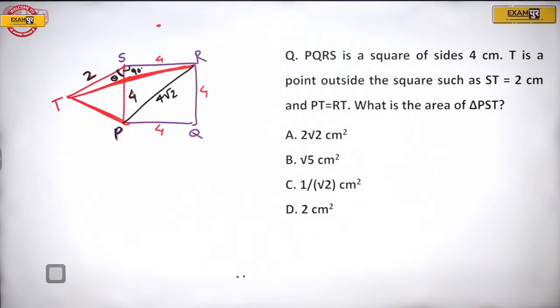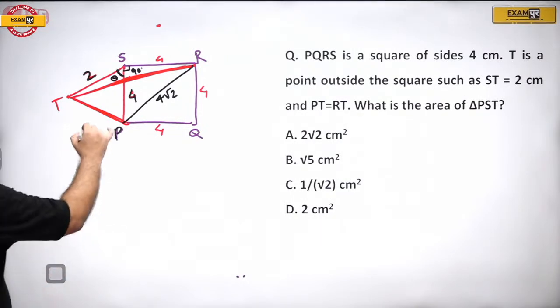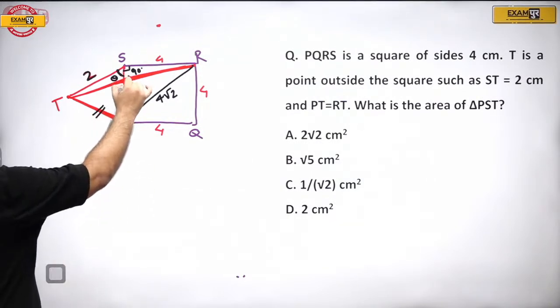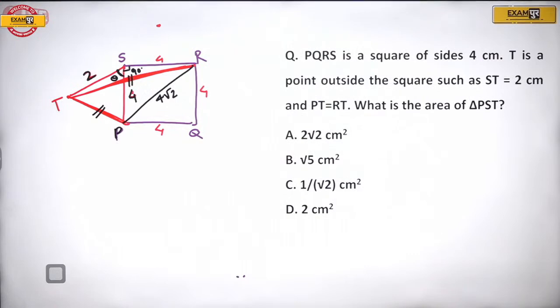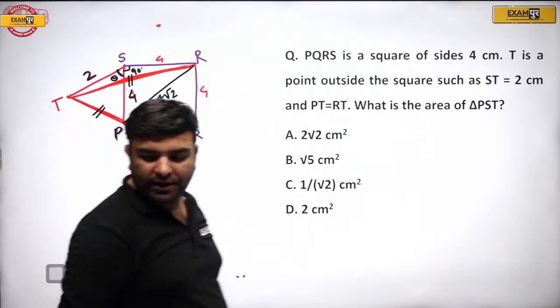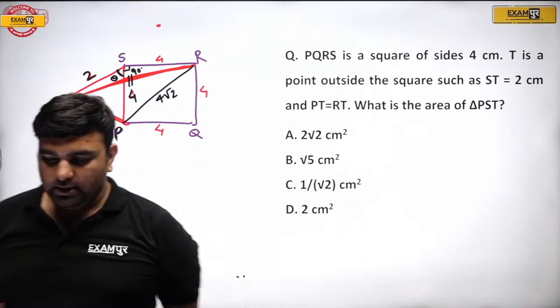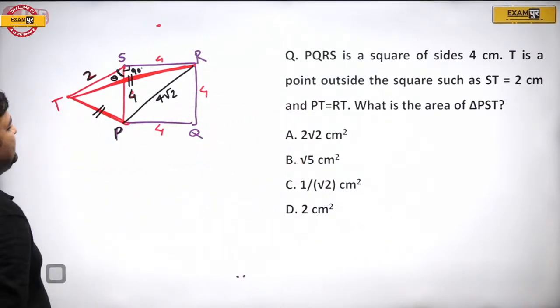PQRS is a square, T is a point outside the square such that ST is 2, and PT is equal to RT. We have not used this condition that PT is equal to RT. That is the condition still missing.